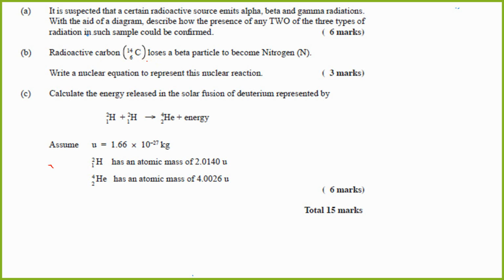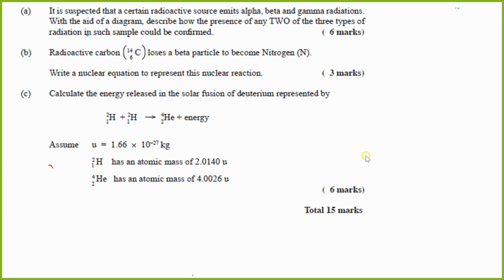Because remember, radioactive substances tend to disintegrate so that they can create more stable nuclei or elements, basically. This radioactive carbon is going through a process of nuclear fission, not fusion, of course.